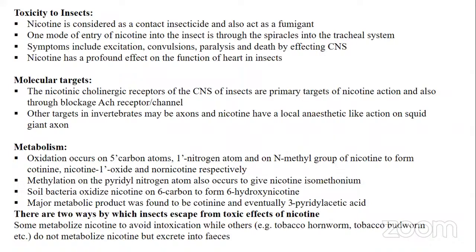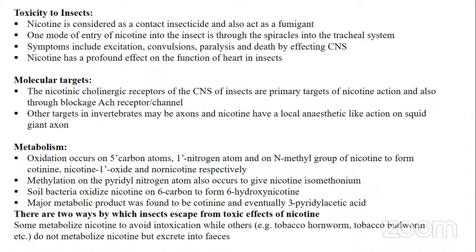Nicotine is considered a contact insecticide and also acts as a fumigant. One mode of entry into the insect is through the spiracles into the tracheal system. Symptoms include excitation, convulsions, paralysis, and death by affecting the CNS. Nicotine has a profound effect on the function of the heart in insects.